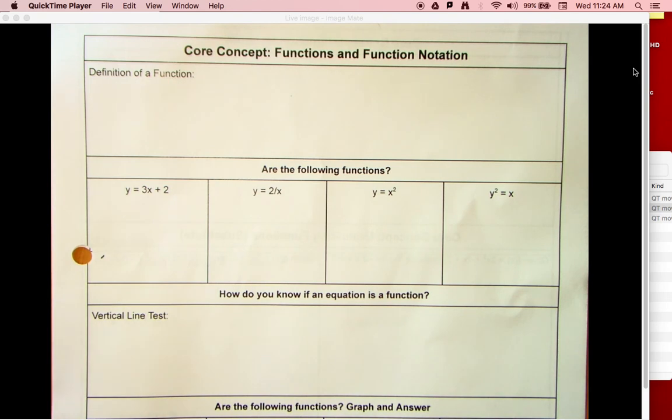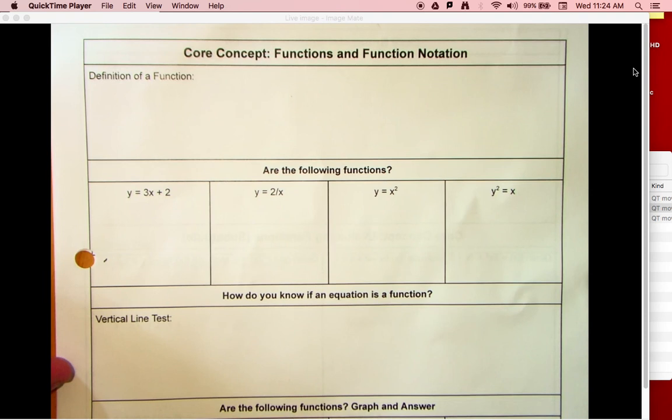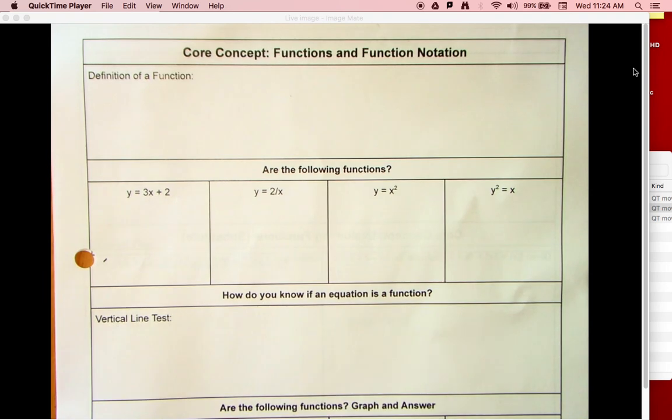So let's talk about what a function is, and then also how do we look at something and determine it's a function, and then also just some notation and evaluation of functions. It's really not a difficult concept. It's not anything really dramatic or new from what you're used to. The main thing I would recommend that you keep in the back of your mind is when we're talking about functions, we're talking about equations.